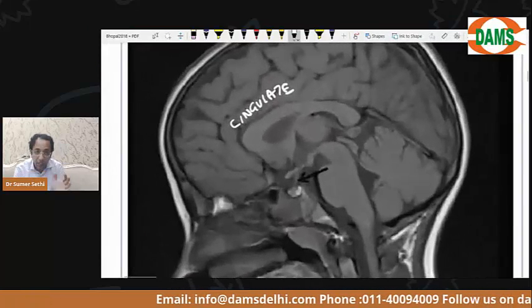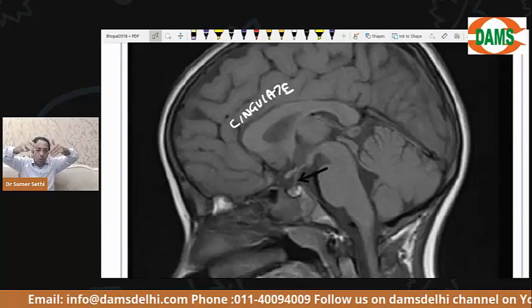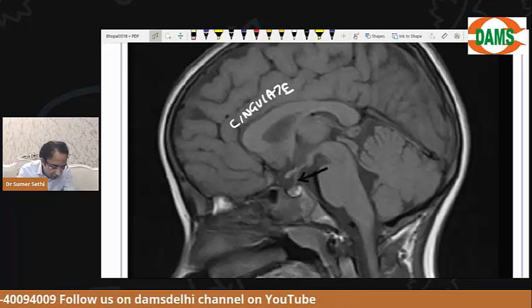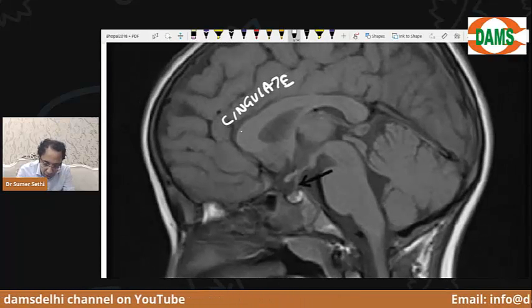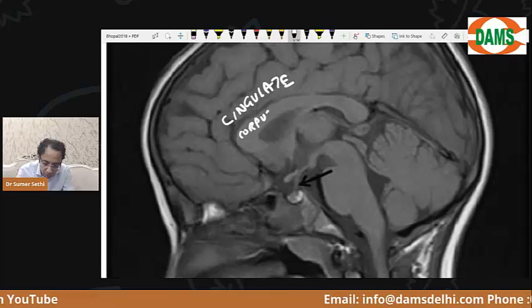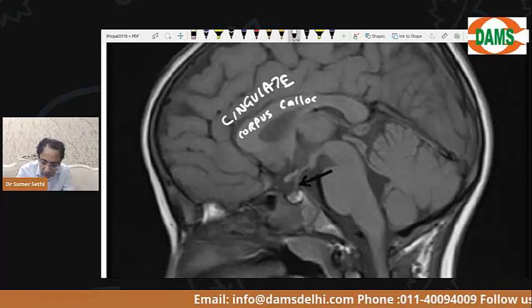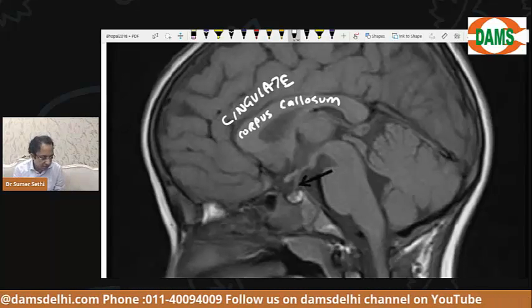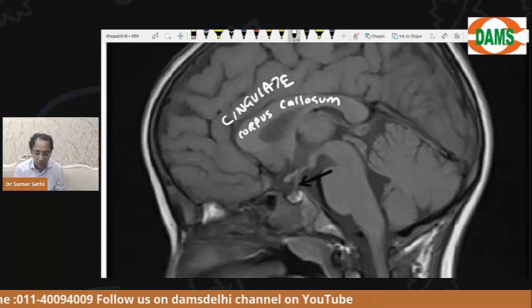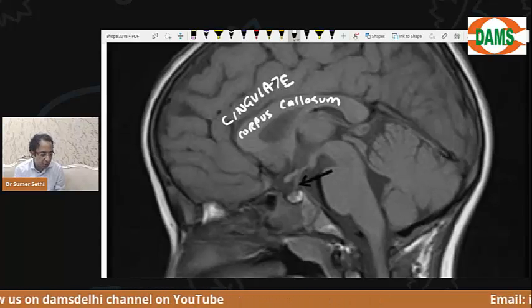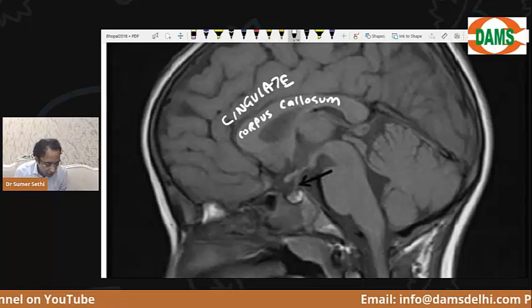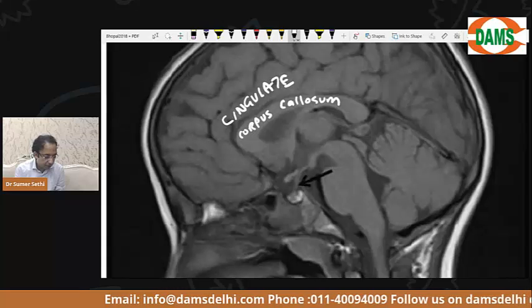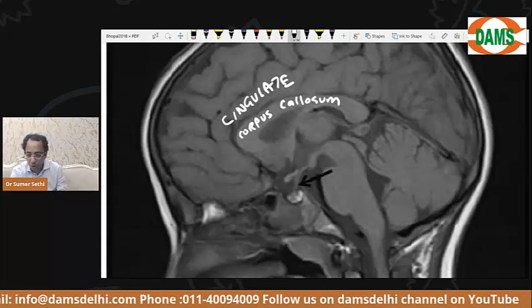In the midline, on the medial surface of the frontal lobe, you have the cingulate gyrus, and below the cingulate gyrus, you have the corpus callosum. To get direct multiplanar imaging on a CT is difficult, but on MRI we can do beautiful multiplanar imaging. You can see the corpus callosum and the cingulate gyrus. Everybody clear?